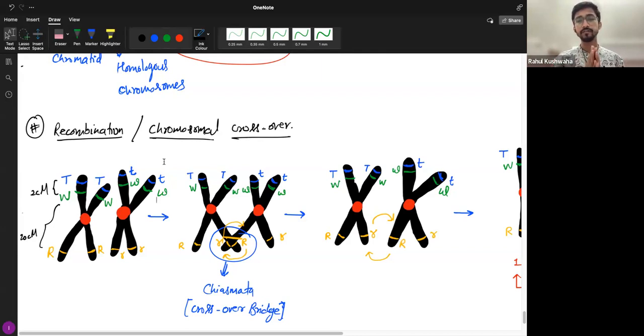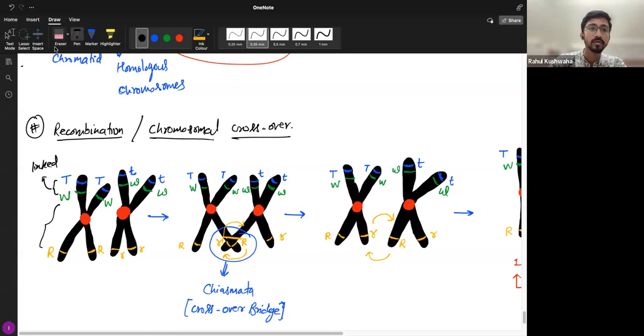Now genes can have different degrees of linkage. If we say that two genes are 60% linked, we mean that 60% of the time there is a chance of them going together. And if we say that the genes are 90% linked, then we are saying that only 10% of the time they can form recombinants. So in this case, these two genes are linked.